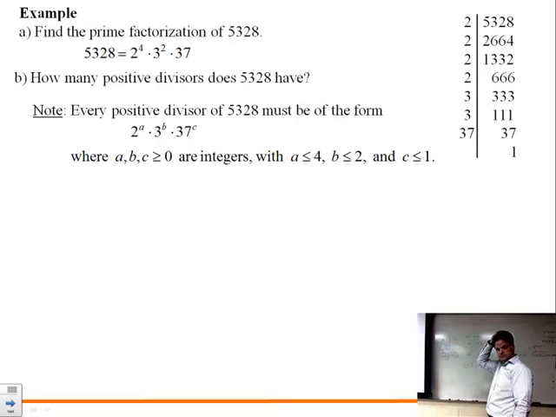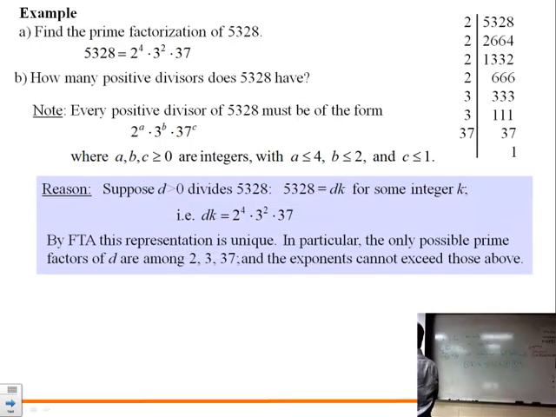So they can be 0. But all possible combinations of those exponents will give you divisors. So this is just what I was saying on the board. If D divides 5328, the only possible prime factors of D are going to be among these, and the exponents can't exceed those above.